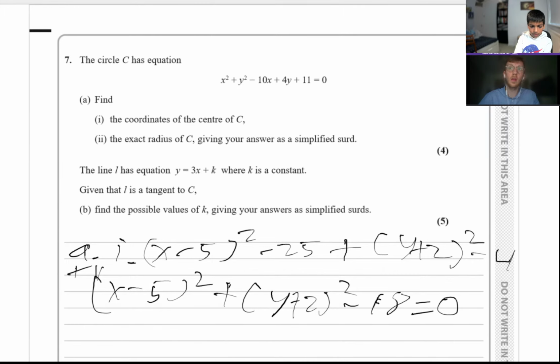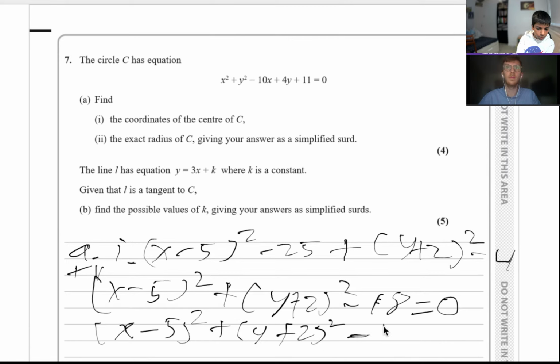Good, well done. Remember, if you have any questions in the chat, feel free to add them in as we go along, or if you want to suggest a different way to solve these problems, then always just pop something in the chat. Yeah, so then x minus 5 squared plus y plus 2 squared equals 18.